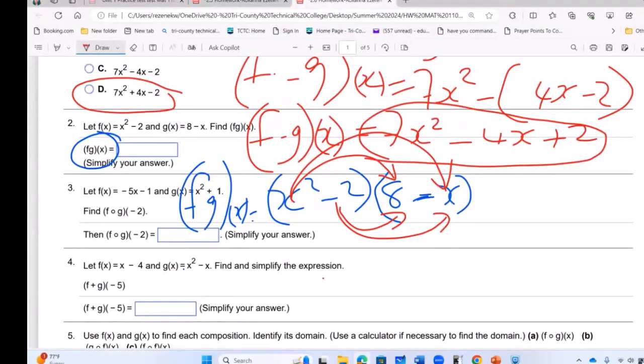That's what I'm supposed to do. So x squared multiply 8 is 8x squared. x squared multiply negative x, I have negative x cubed. Then I'm done with the first one.